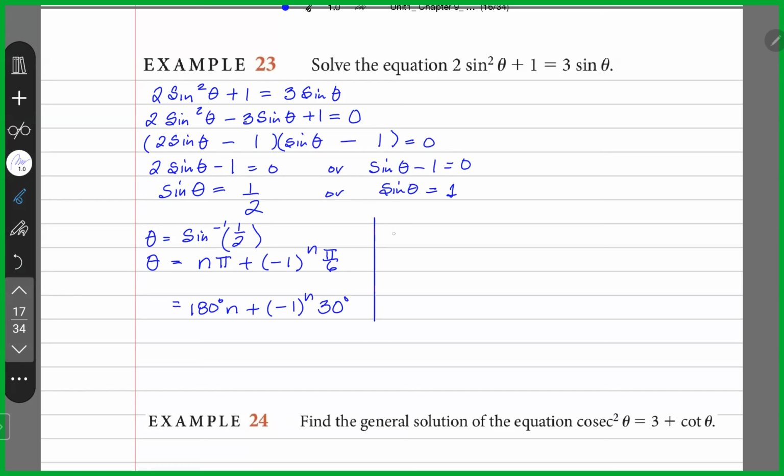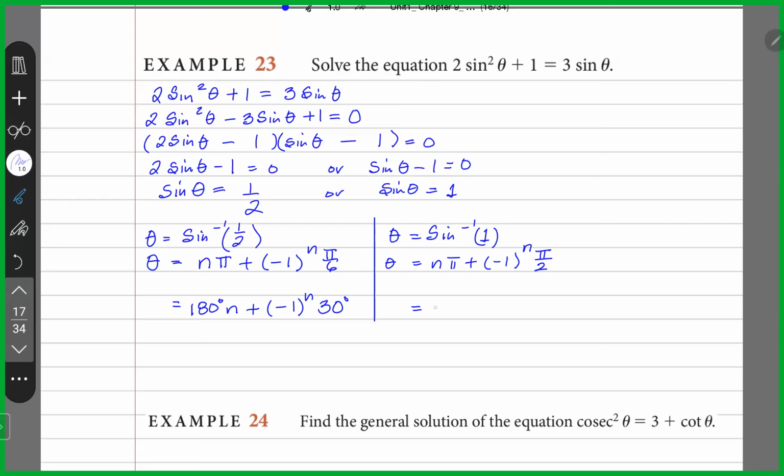Over to the right, theta. Now, the sine inverse of 1 is 90 degrees. So theta would be n pi plus minus 1 to the power n, pi by 2, which is 90 degrees.